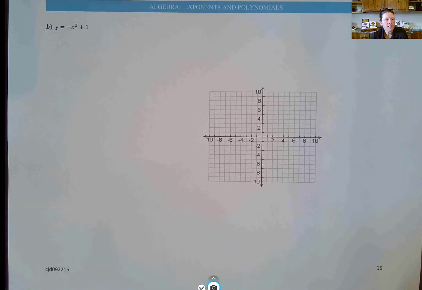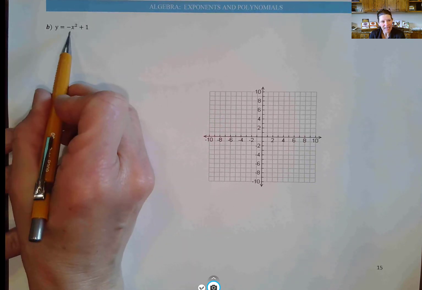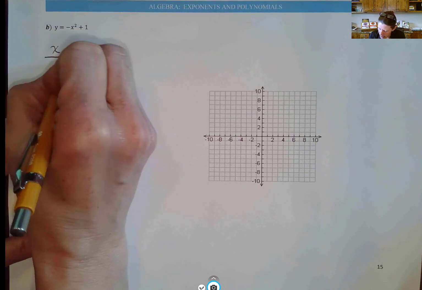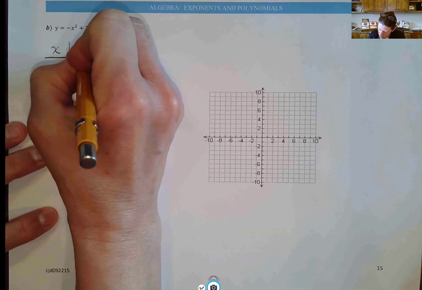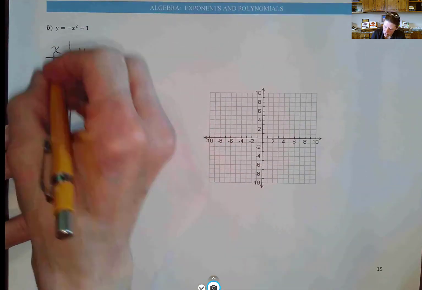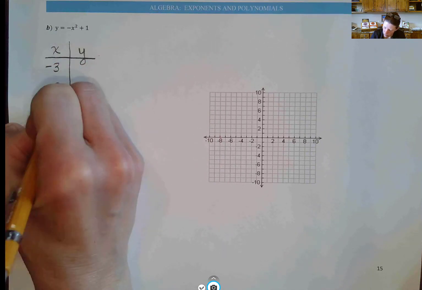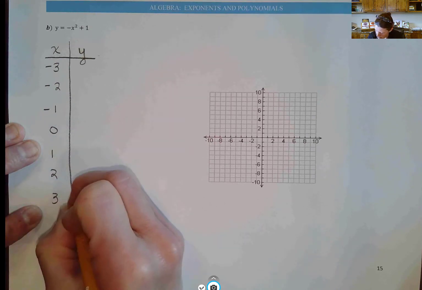In our next example, part B, which we're going to graph as well, we see an x squared, but it's got a negative symbol in front, doesn't it? Along with another term, +1. And I'm going to do the same thing here and just plot some points and generate a graph. And we might choose the same x values, -3, -2, -1, 0, 1, 2, and 3 if we need it.